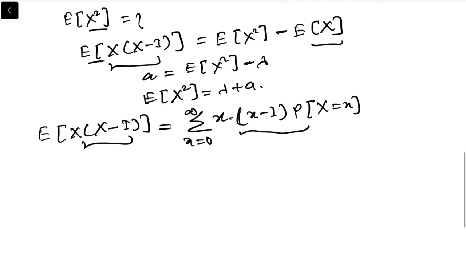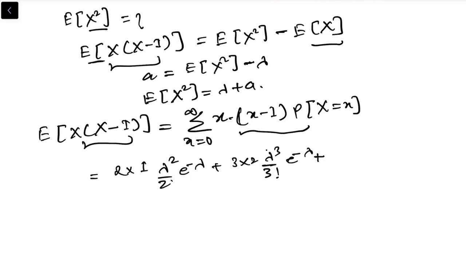Now let's expand this term. So after expansion we'll get 2 times 1 lambda square by 2 e to the power minus lambda, 3 times 2 lambda cube by 3 factorial e to the power minus lambda, plus 4 times 3 lambda to the power 4 by 4 factorial e to the power minus lambda, and so on.